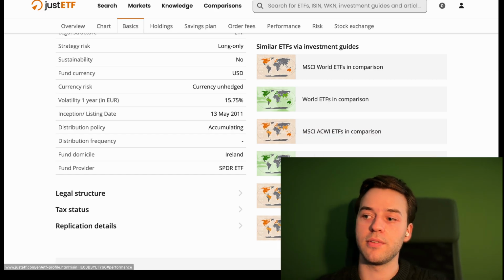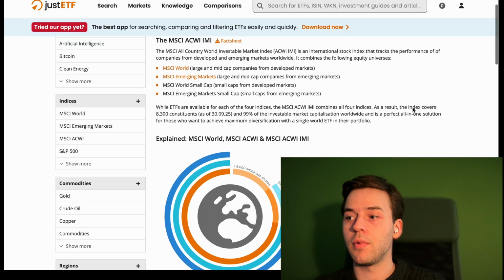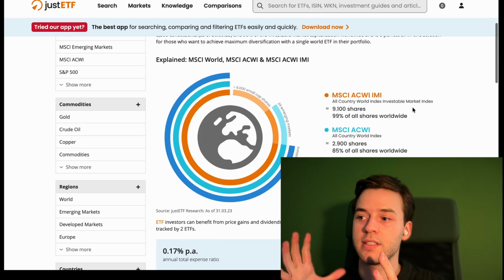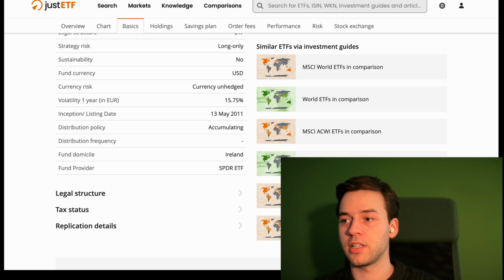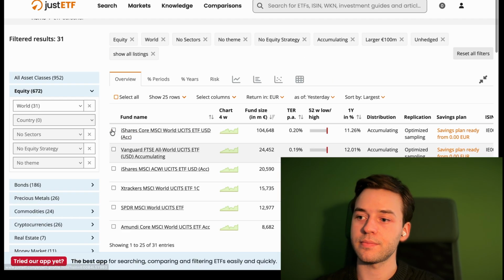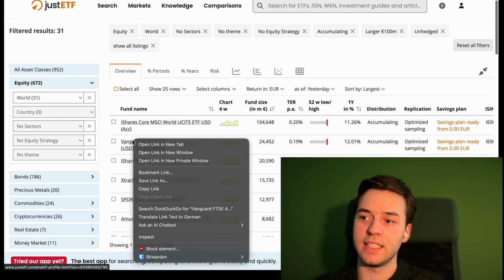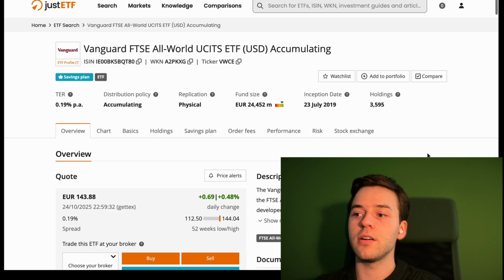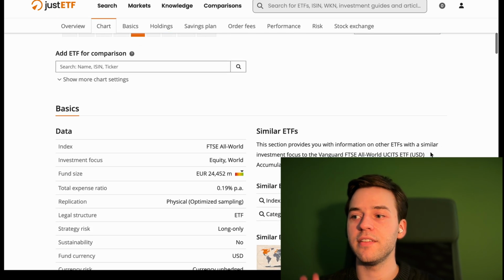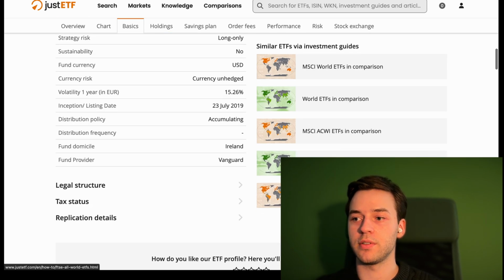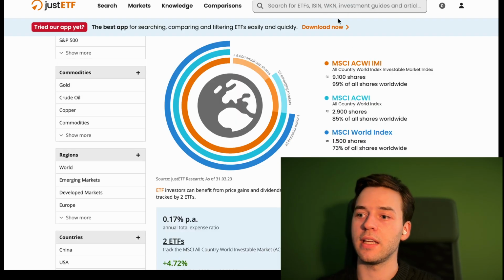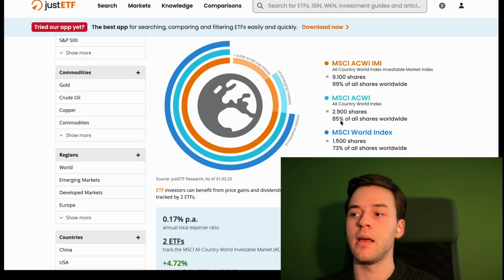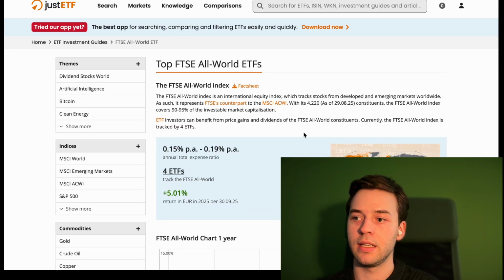It's the pendant to the FTSE All World, which consists of the FTSE Developed Markets and the FTSE Emerging Markets. And according to justETF, the MSCI All Country World covers roughly 85% of shares worldwide, and the FTSE All World around 90 to 95% of the investable market capitalization.